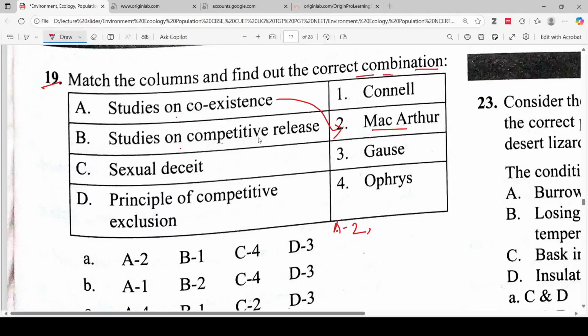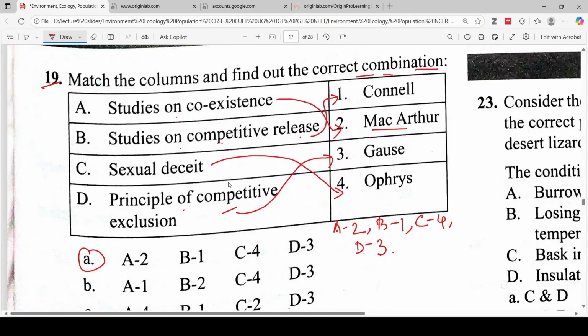B, studies on competitive release, the Cornell, so B 1. C, sexual deceit, 4. And principle of competitive exclusion, D 3. So the correct answer will be option A.